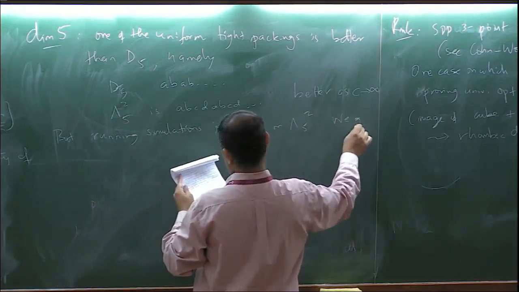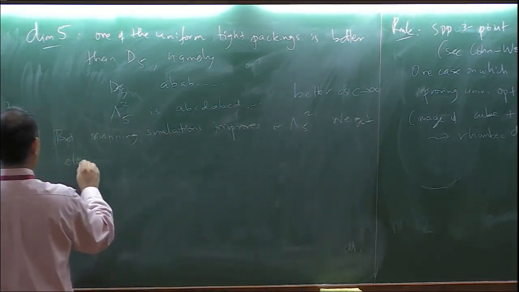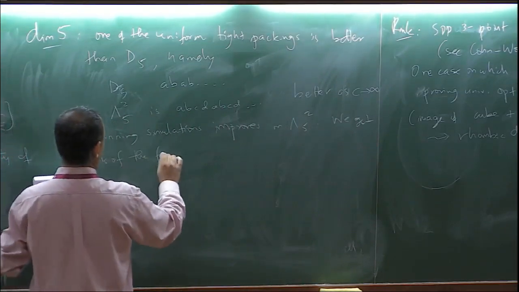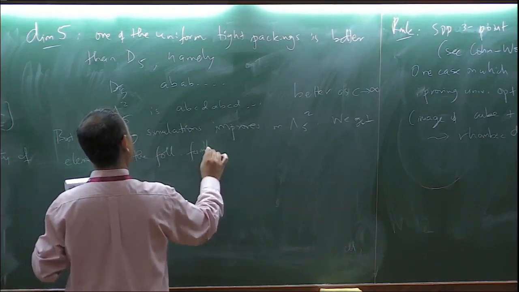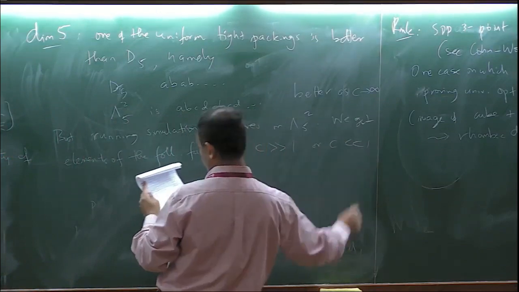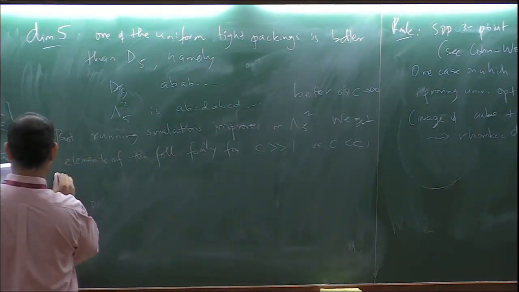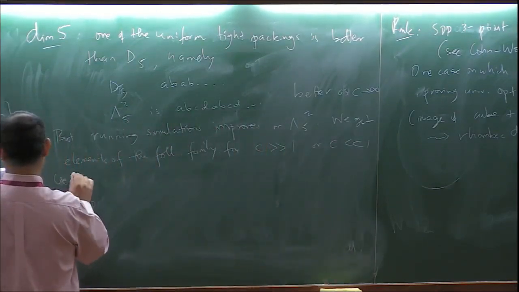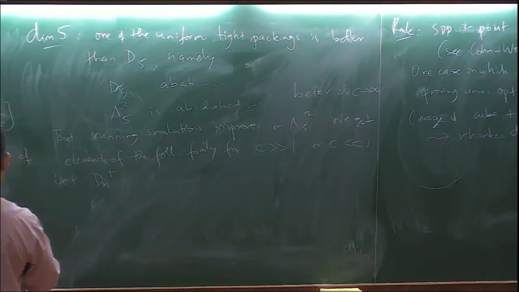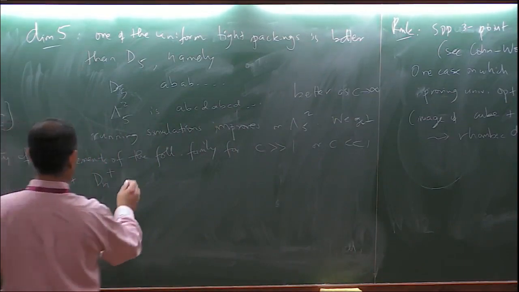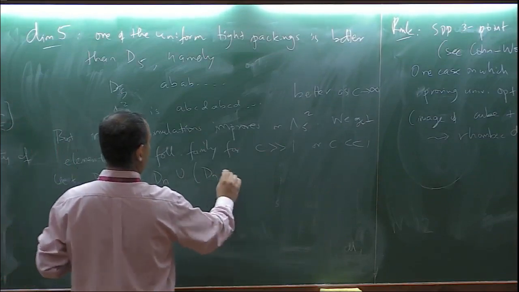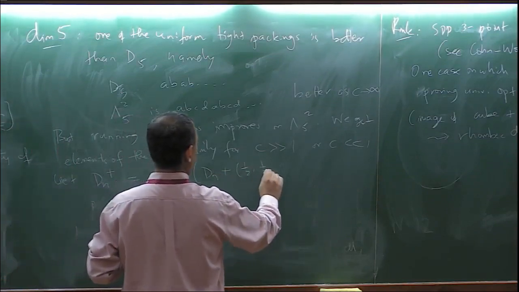So we get elements of the following family, for large or small C. So the family is this. Let Dn plus be Dn union the translate by the all halves vector.